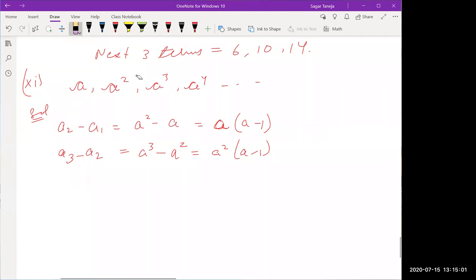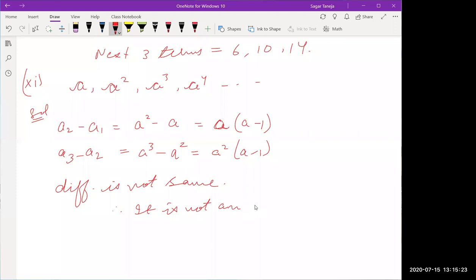If we are subtracting the third and second term, that is A3 minus A2, take a square common, a minus 1. Since the difference is not same here, therefore it is not an AP. If it is not an AP, we can't find further things, so we'll leave here.